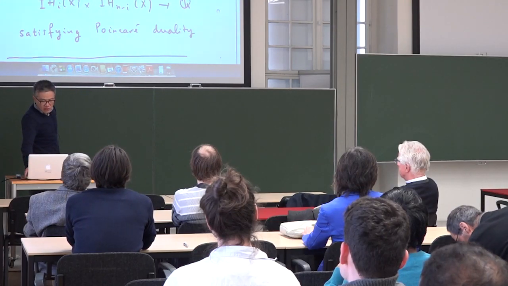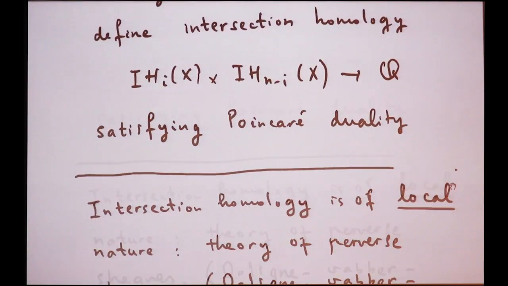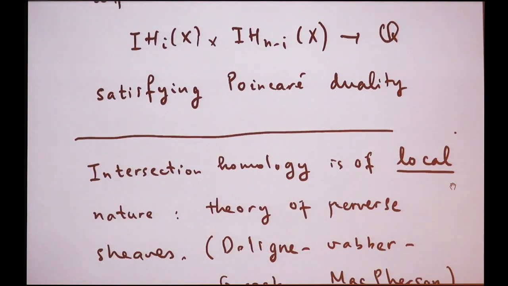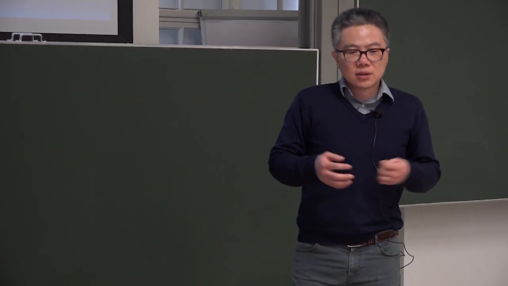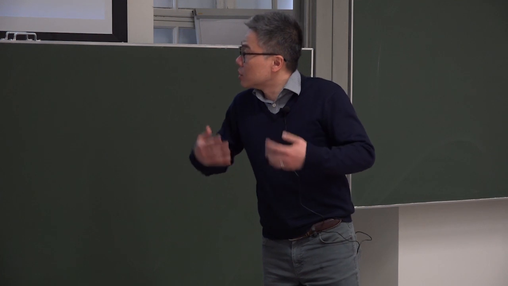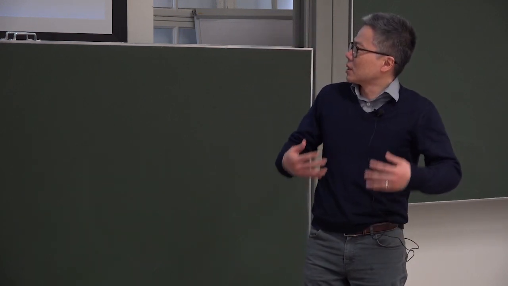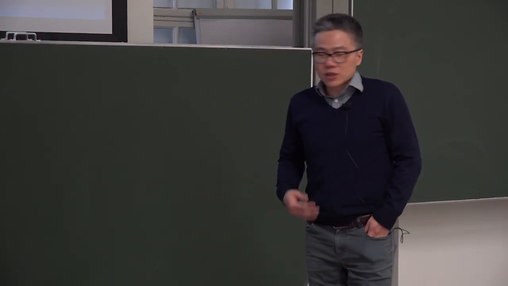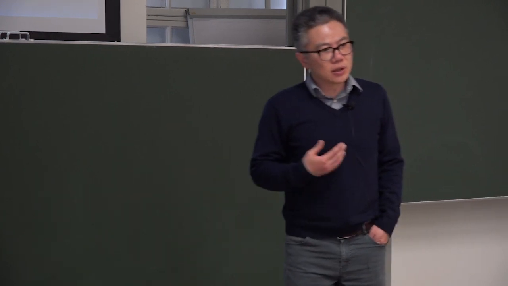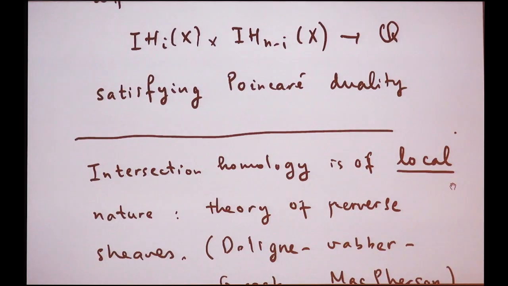The very important thing is that intersection homology has a local nature. It doesn't come just as a vector space, but as something in sheaf theory, something that depends locally on singularities. It comes with the full-fledged theory of sheaves, with a very strange name, and people are still puzzled by this name: the theory of perverse sheaves.